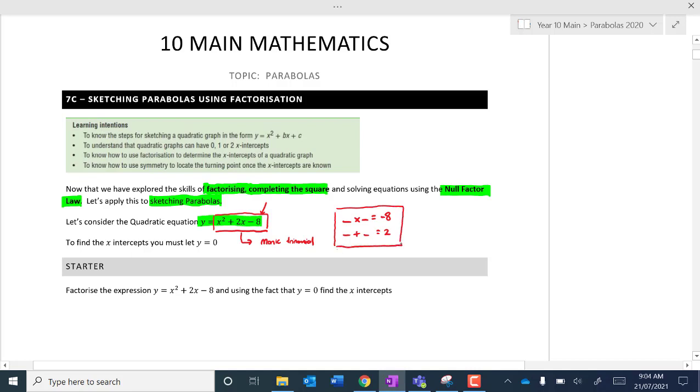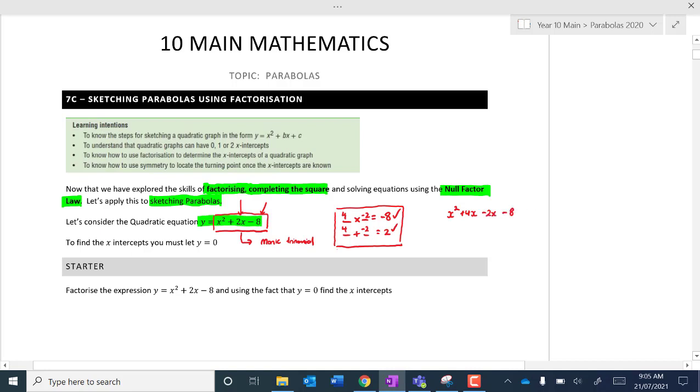So for example, 4 times negative 2 is negative 8, and 4 plus negative 2 is 2, so what we were doing is splitting up this second term. 2x becomes plus 4x and minus 2x, and then minus 8.